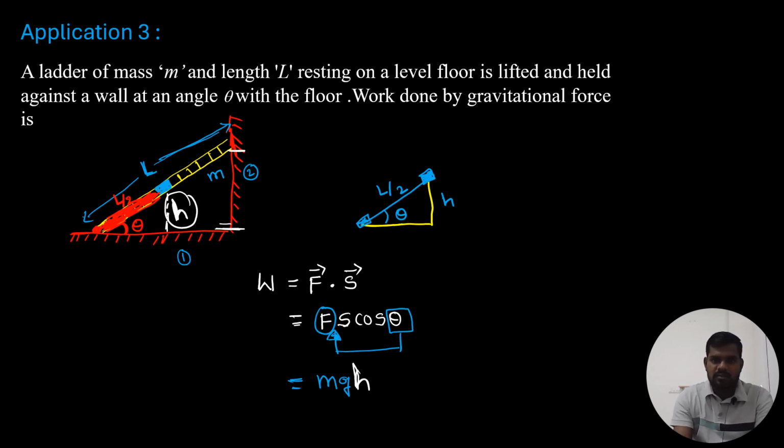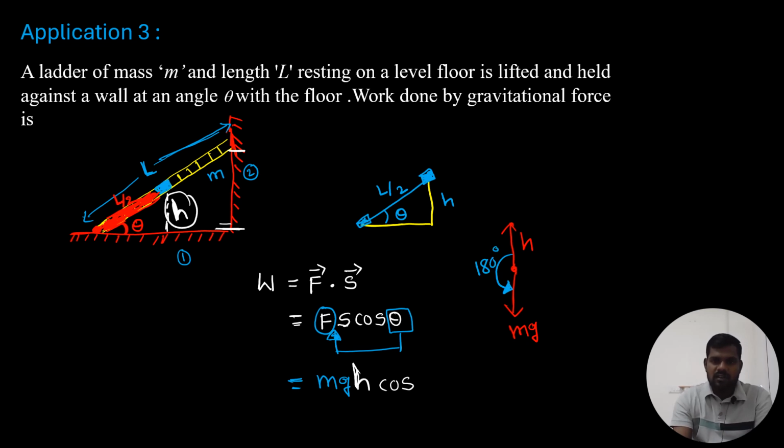Next, cos theta. Theta is the angle between force and displacement. The gravitational force acts vertically downward, and the ladder is lifted upward, so the height is upward. The angle between the height and the gravitational force is 180 degrees.